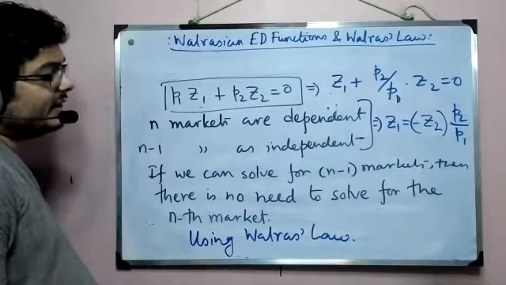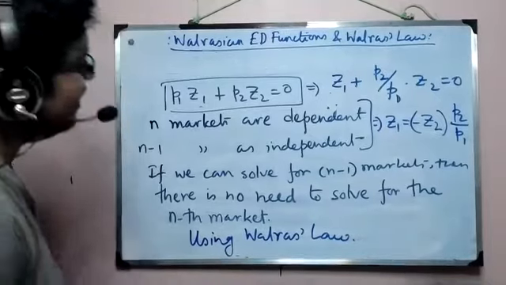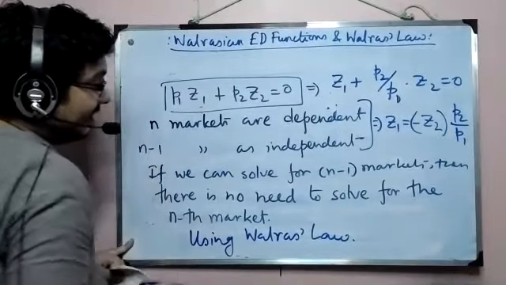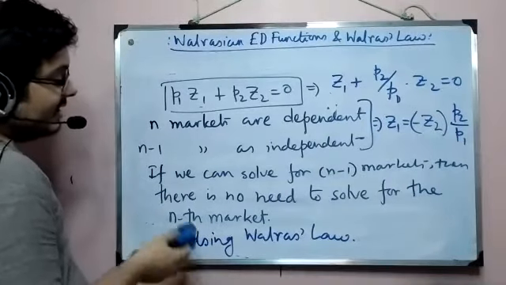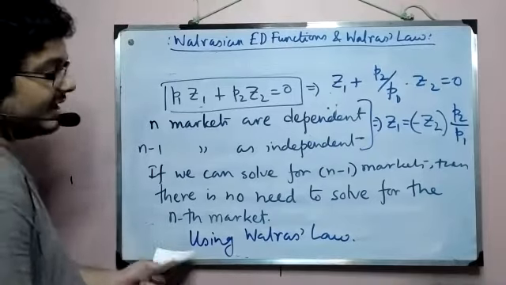However we may try, if we have our excess demand and excess supply numbers, then this sentence becomes true: if we can solve for n minus 1 markets, then there is no need to solve for the nth market. And here actually we cannot.